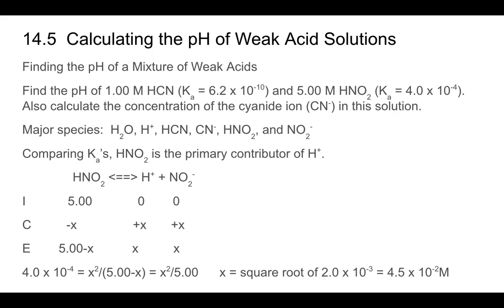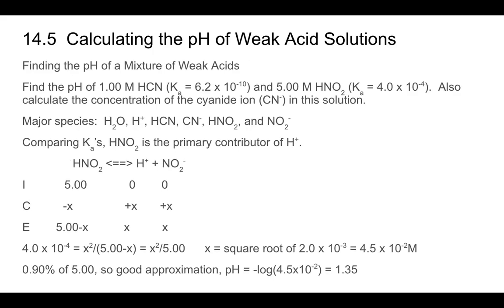Also taking the shortcut, 5 minus X is approximately 5. I find that X is the square root of 5 times 4 times 10 to the minus 4, which is 2 times 10 to the minus 3. So I get the square root of 2 times 10 to the minus 3, which is 4.5 times 10 to the minus 2 molar. Now this is only 0.9% of 5, so we have a good approximation.